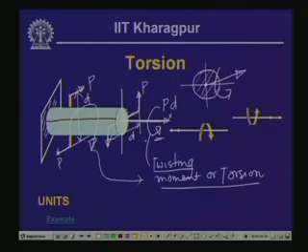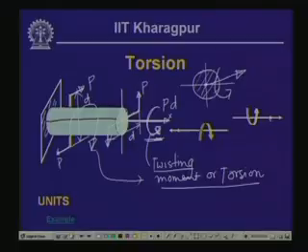Now, in the first case, the moment was acting about the x axis in an anti-clockwise direction. If you look into this particular figure, where this is the axis, the twisting moment is acting in an anti-clockwise form. Here it behaves in the form of a right hand screw.